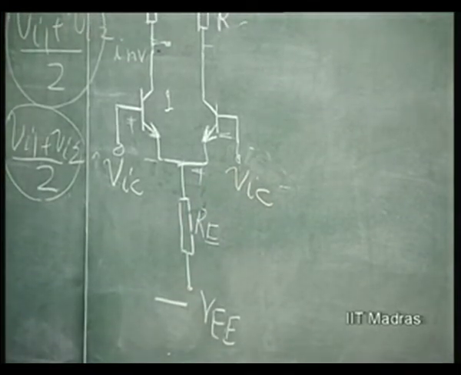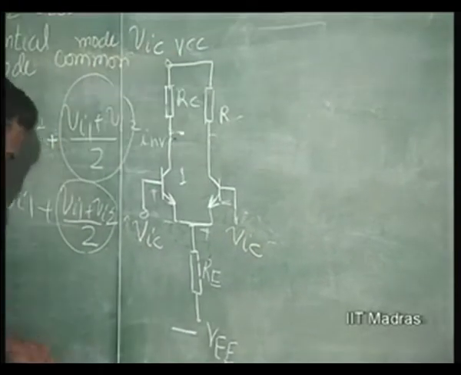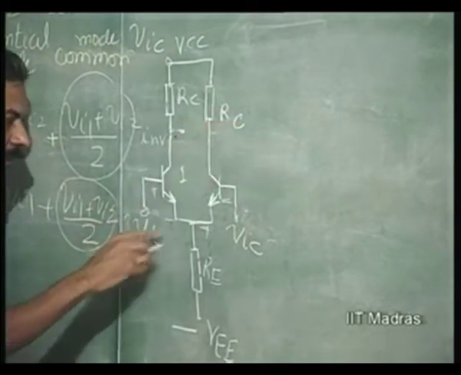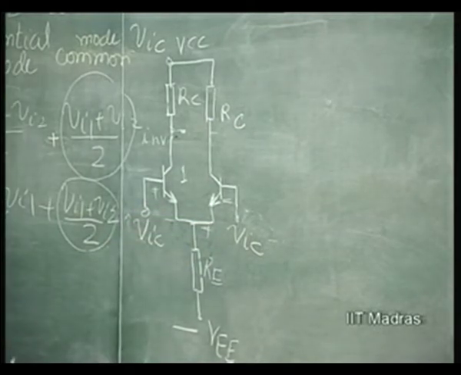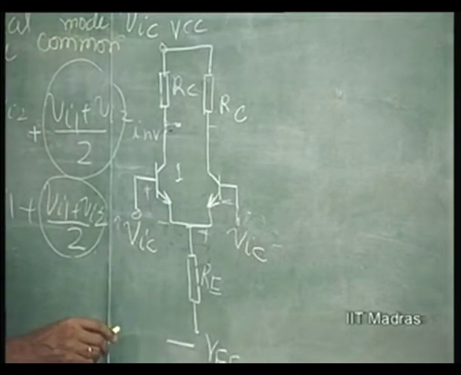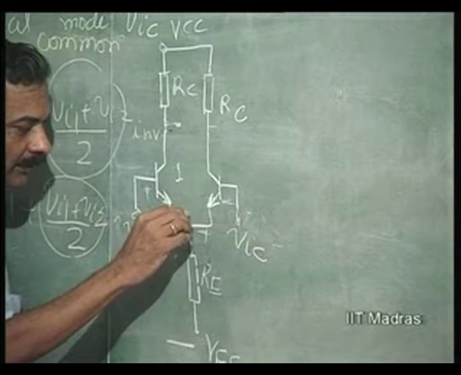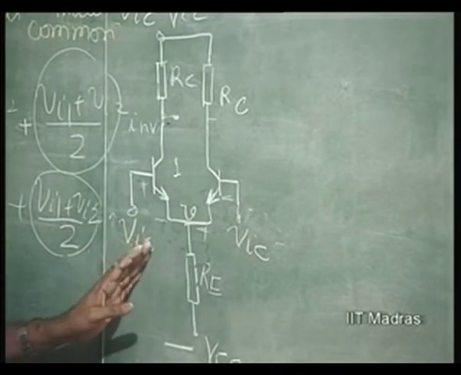Now, you see a perfectly symmetric structure here: RC, RC, VIC, VIC, RE. So, what does it mean? This particular potential, you can call it, let us say V, whatever it is. It may be different from VIC.